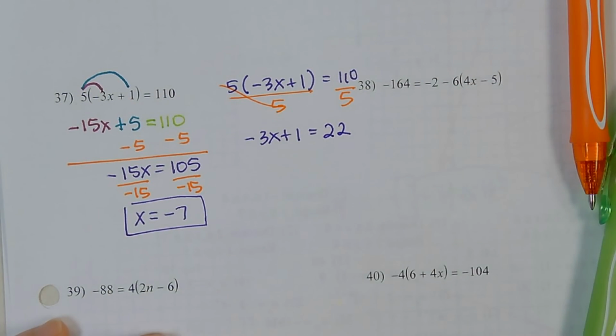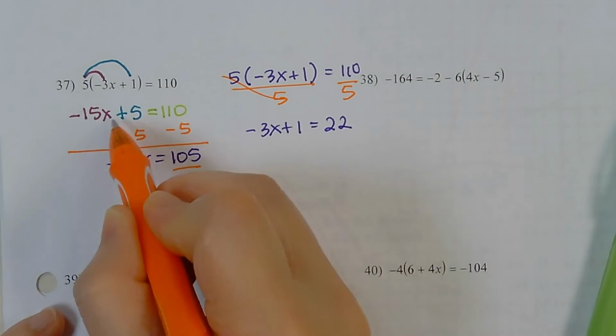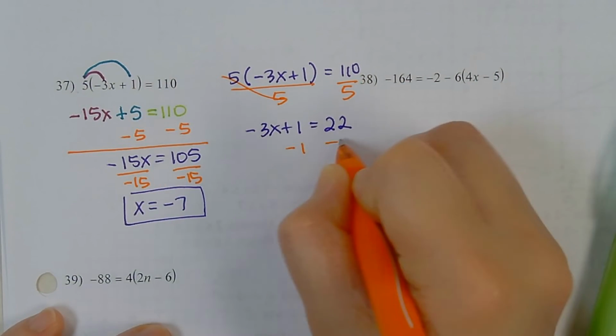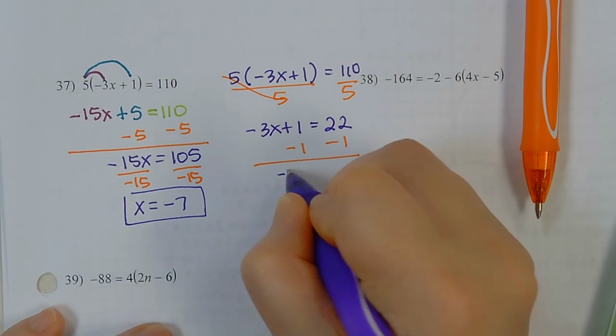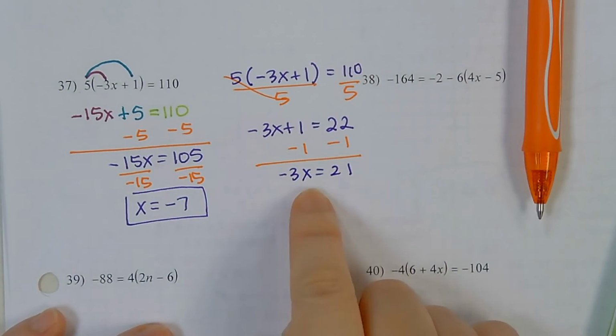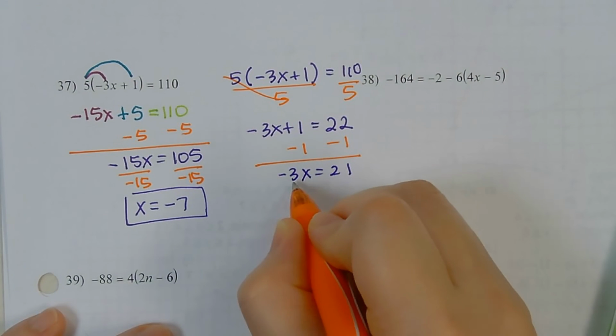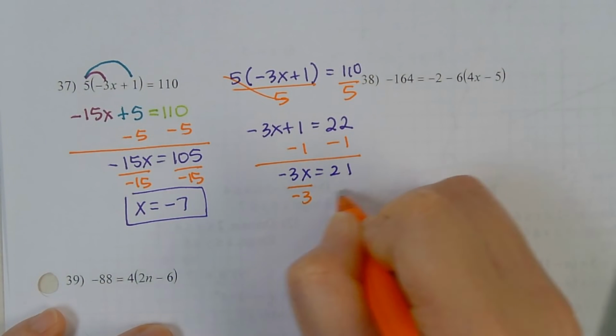So that's 22. All right, so again, just like how we did before, but do you see how that's smaller numbers? So now I'm just subtracting 1. Same methods here, just smaller numbers. Equals 21. And this one I can kind of do in my head. Negative 3 times what number will give me 21? Negative 7. But algebraically, this is what you would do.